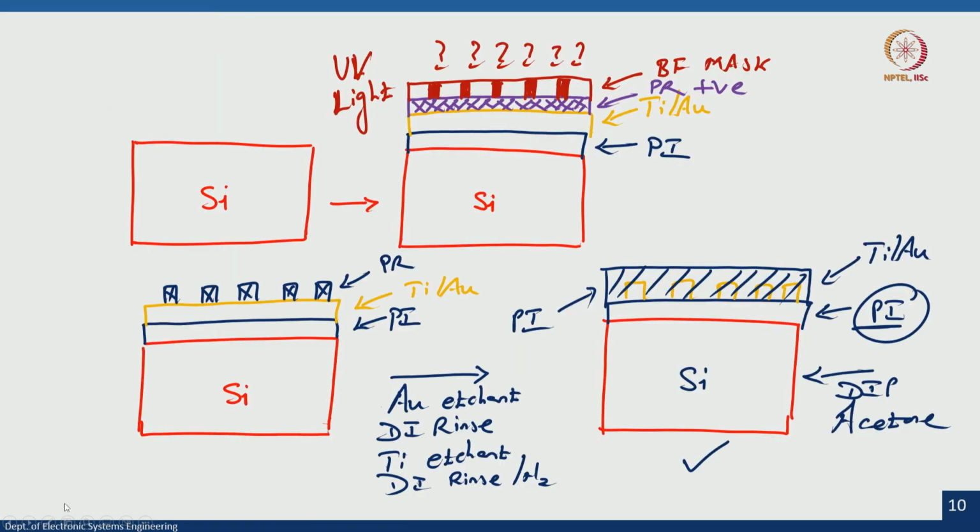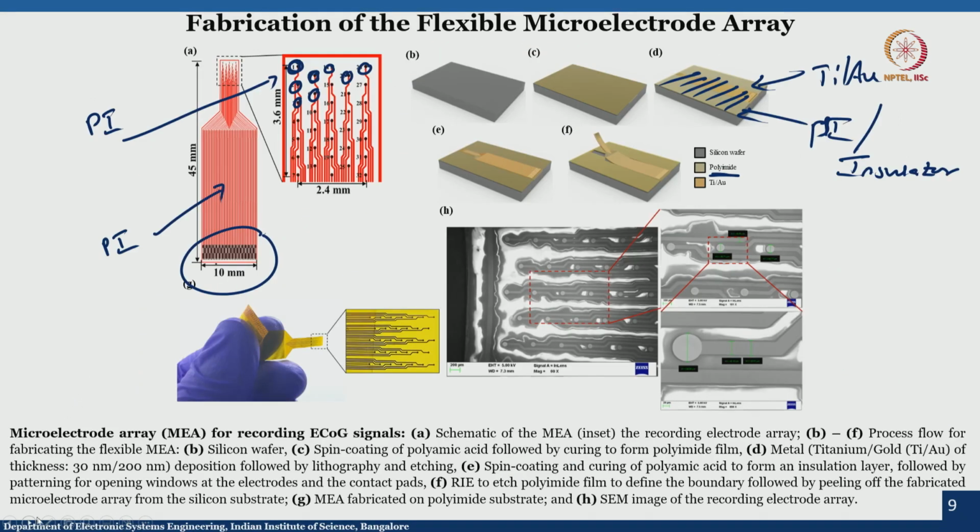I hope that you understand it a little bit better. You start with your silicon substrate, then you deposit your titanium gold, then pattern your titanium gold, then you deposit insulating material, and then you open the contact pads and recording area.